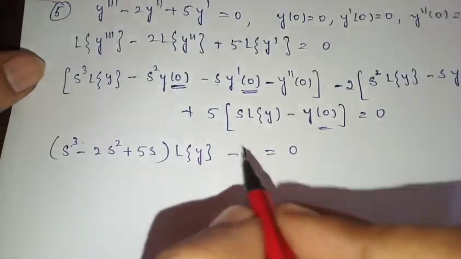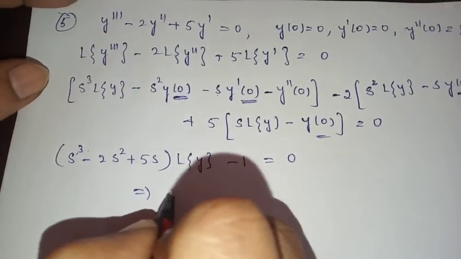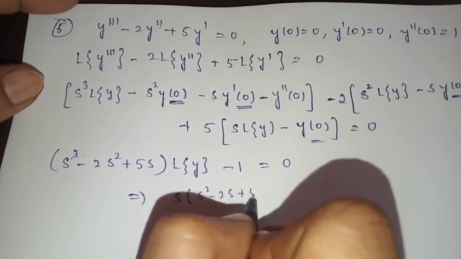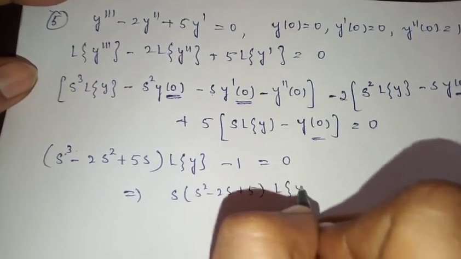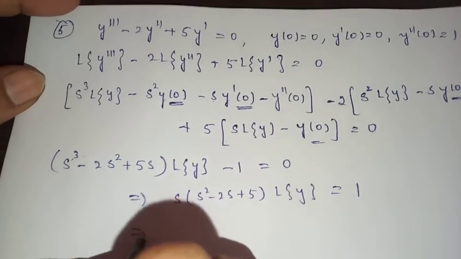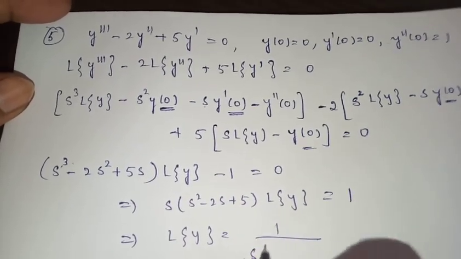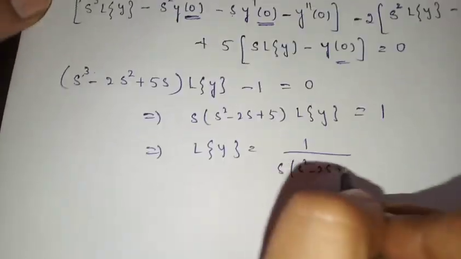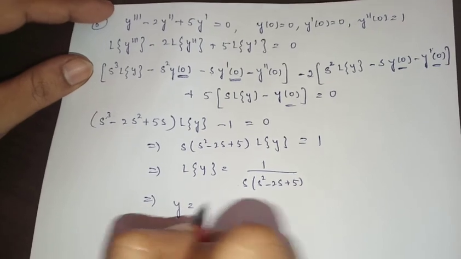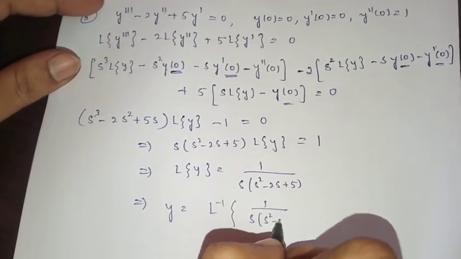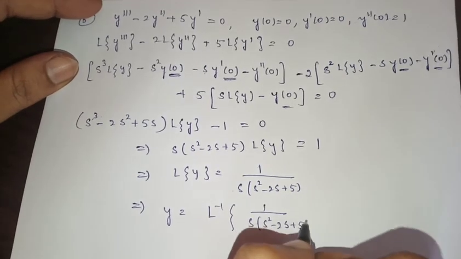So this becomes equal to, you can take out s common here, s square minus 2s plus 5, Laplace transform of y is equal to 1, which implies Laplace transform of y is 1 by s into s square minus 2s plus 5. So from here, y is nothing but Laplace inverse of 1 by s into s square minus 2s plus 5.